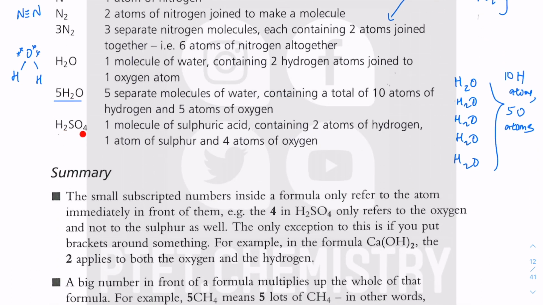H2SO4, this is the formula of sulfuric acid. Remember just now we talked about one whole molecule of sulfuric acid, where the hydrogen forms a single covalent bond, the oxygen forms 2 covalent bonds, can be 2 single, can also be 1 double, and sulfur being in period 3, you have up to the third shell, so you can have more than 8 electrons in the outer shell. There are 2 hydrogen atoms, there's 1 sulfur atom, and there are 4 oxygen atoms.